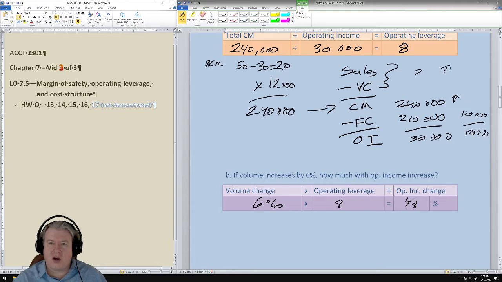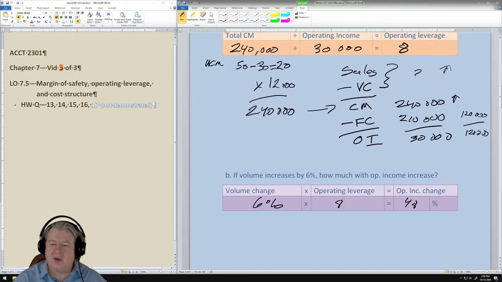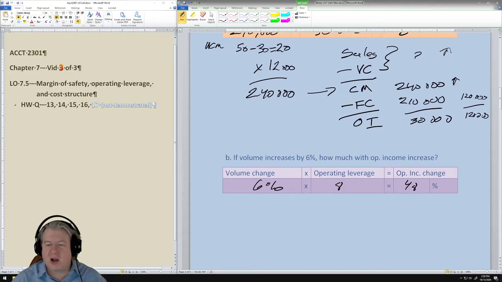Remember, the operating leverage is for this particular target level. We can say from here going up or down, what would happen. And consequently, if the volume went down by 6%, that would be a negative change too. Okay, so that's the basics of operating leverage.